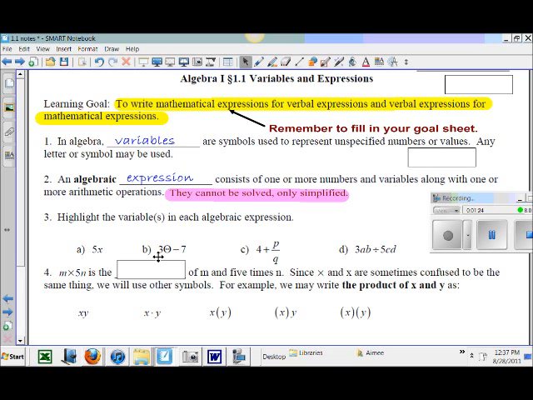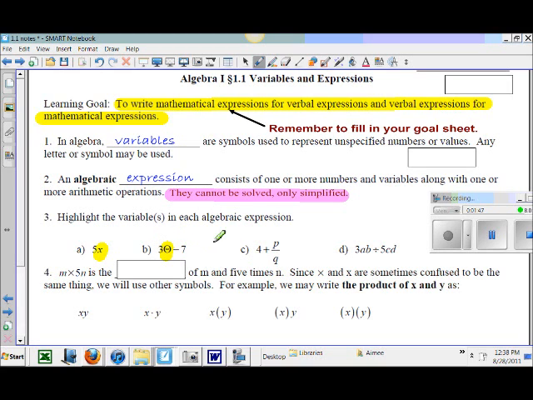For these next examples, you are asked to highlight the variable or variables in each algebraic expression. If we look at A, 5x, well, 5 is a number, and we'll learn the term for that later, but this x is our variable. In B, we have 3 theta minus 7.